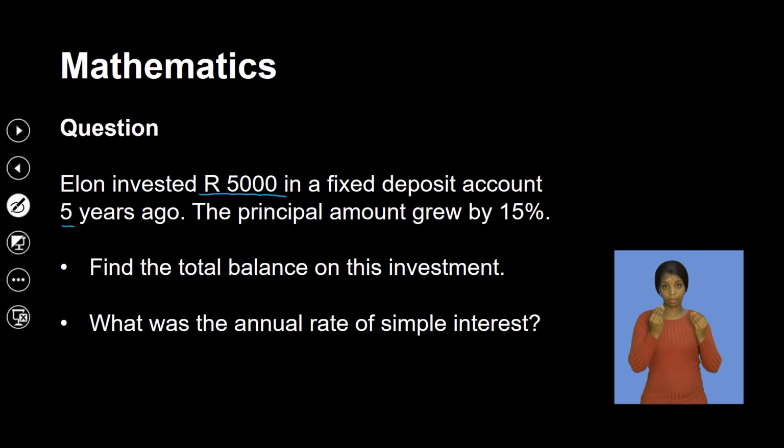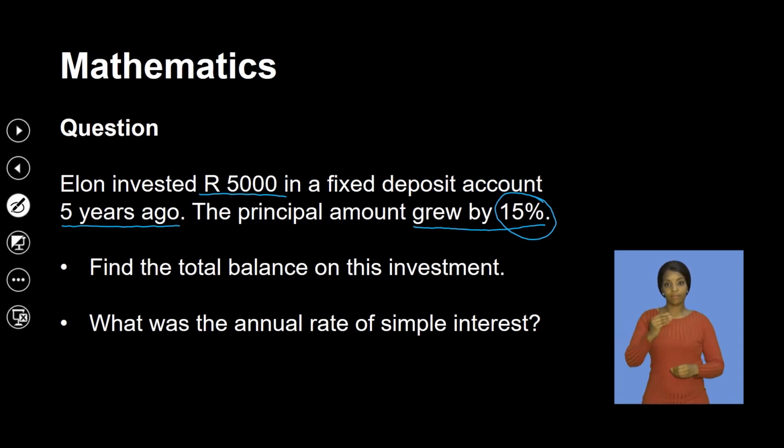So we need to understand this. This says 5 years ago, and the amount grew by 15%. So understand something here. It does not mean that the rate of interest or the rate of appreciation is 15%. No. At the end of 5 years, his investment was 15% more than what he initially invested.